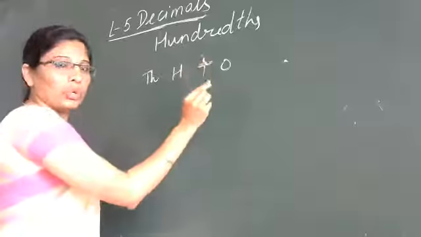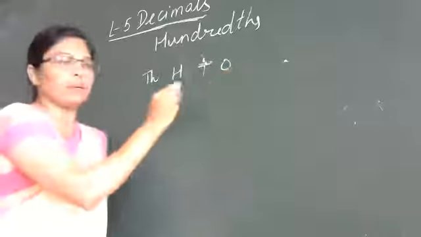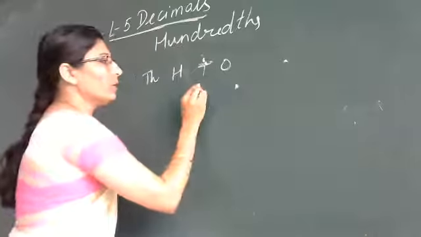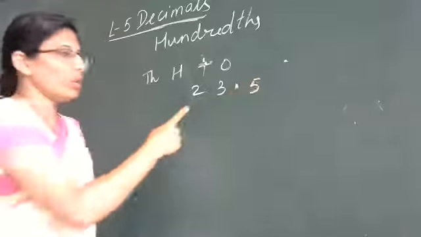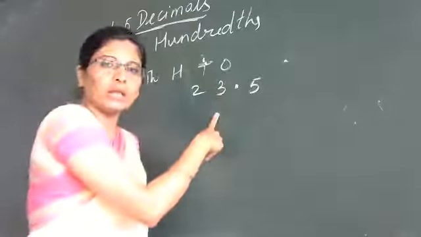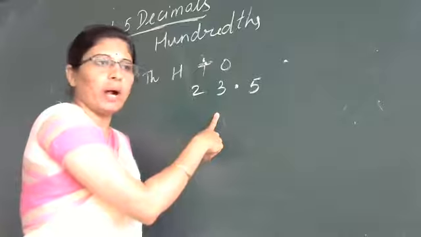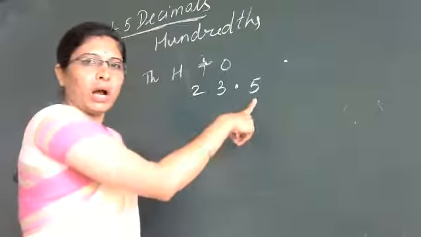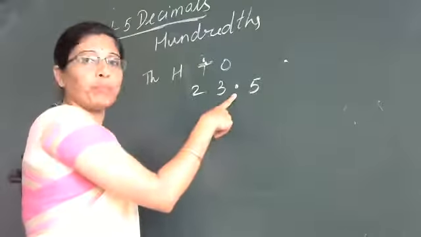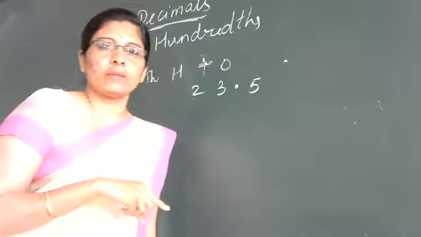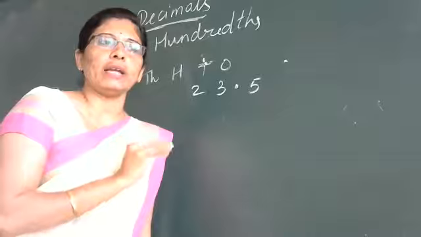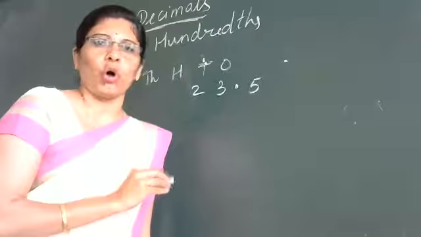Now, as I told you, for example, 23.5. This is the integral part, that is the whole number part, and this is the decimal part, and this is the decimal point. Now these are the places we saw in the Indian and international number system.